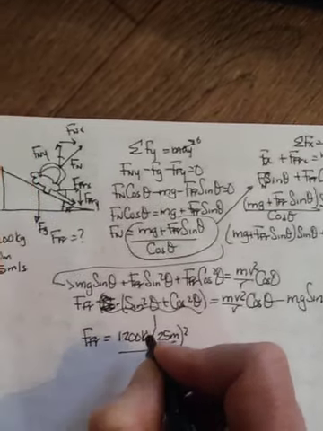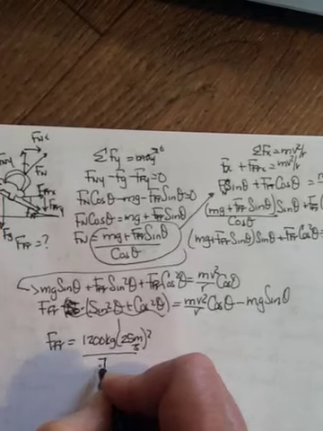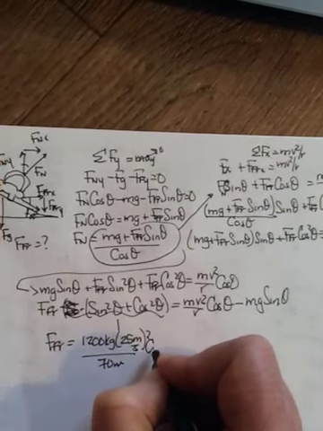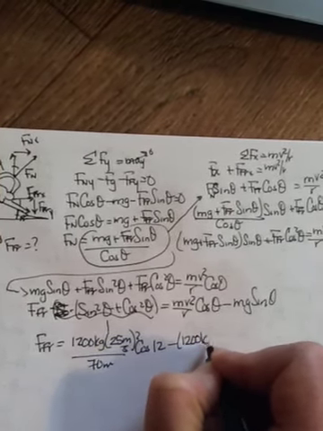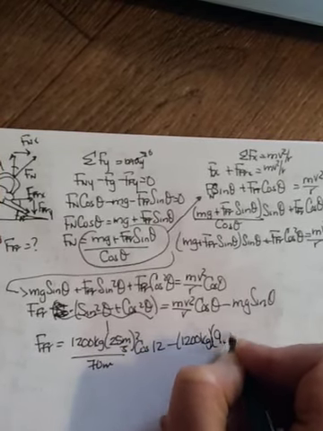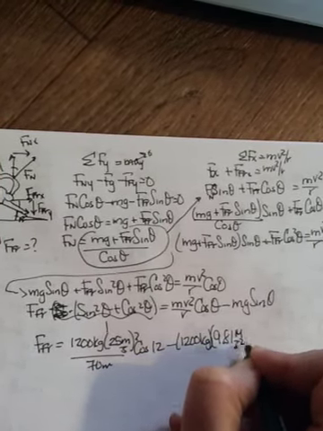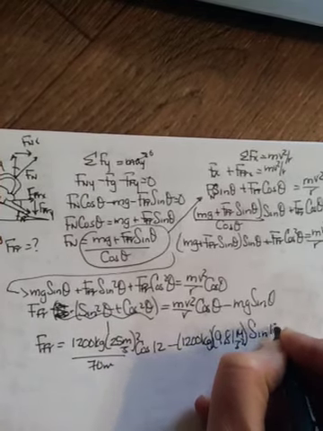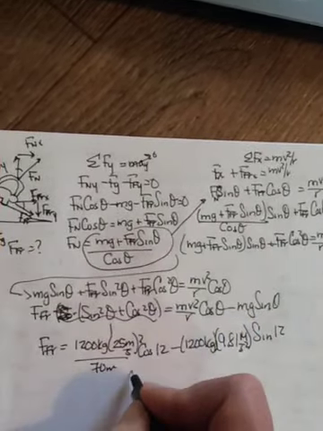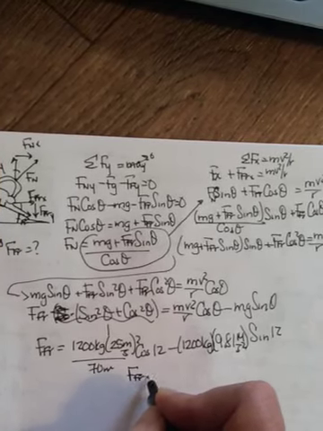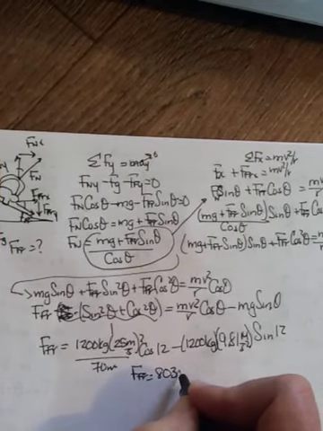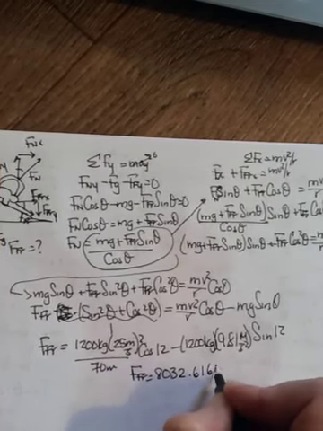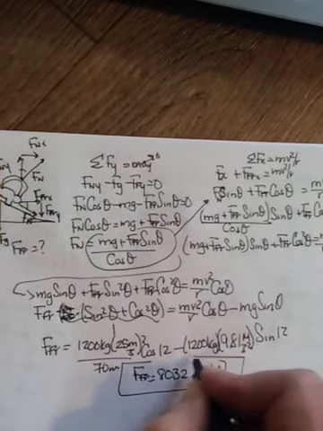The radius was, I think, 70 meters, yeah, 70 meters times the cos, and they gave us the angle, was 12 degrees, minus 1,200 kilograms, 9.81 meters per second squared, times the sine of 12 degrees. Okay? And assuming that you can punch this in okay, you should get a friction of 8,032.616 newtons. Number 11.